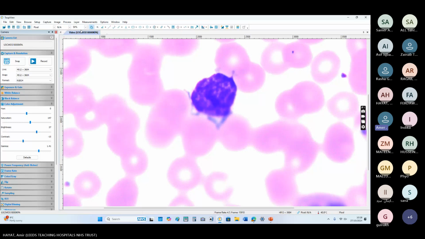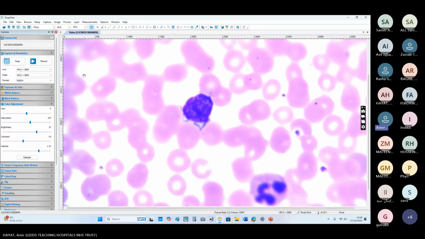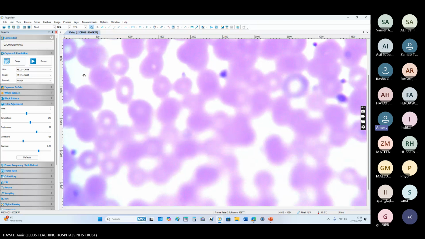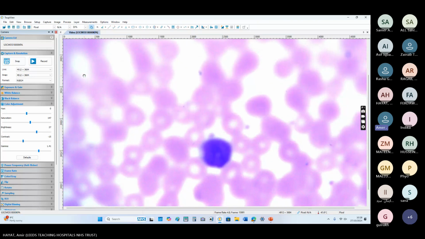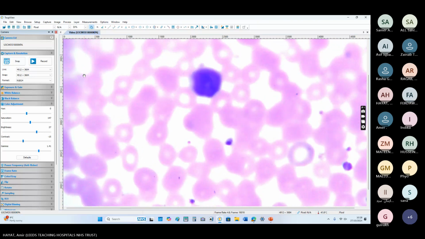And this patient has a history as well of eczema. So if there is eczema history and you have cells like this, it most likely goes with Sézary syndrome. Like this one.